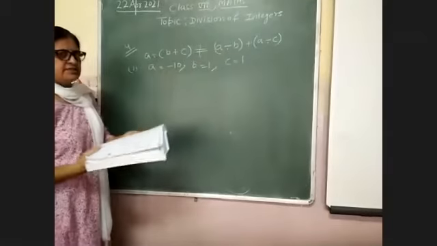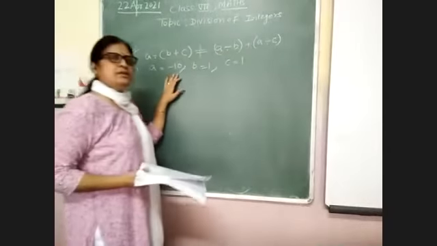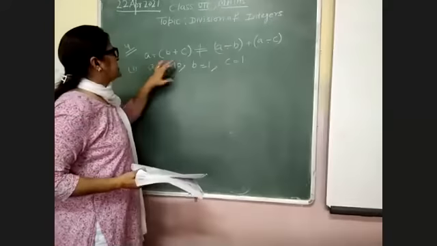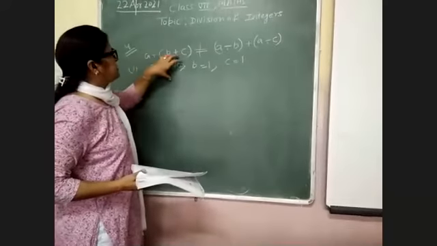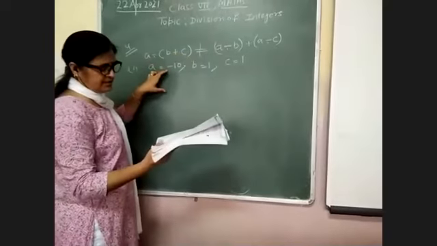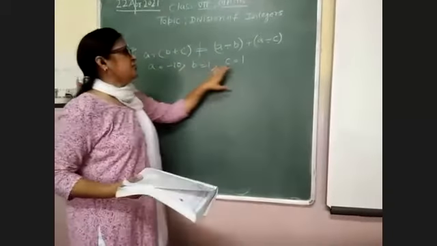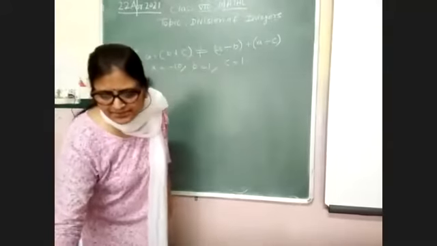Okay. First check out the values. A is minus 10, because when we are not checking the question, then sign mistakes will be there. So first 2 times you will check it. A equal to minus 10, B equal to plus 1, C equal to plus 1.